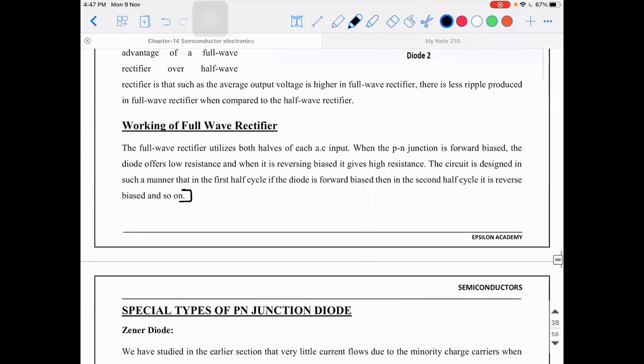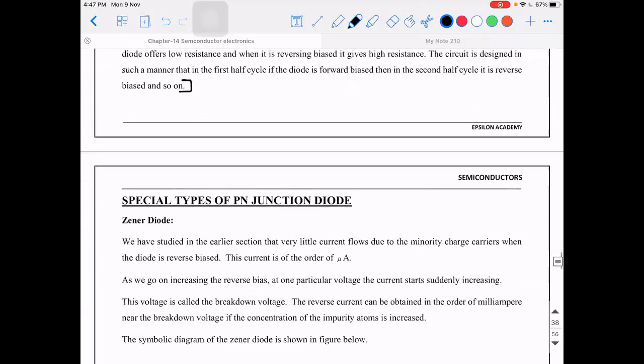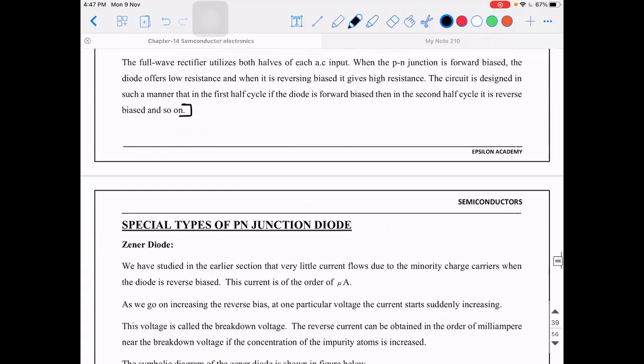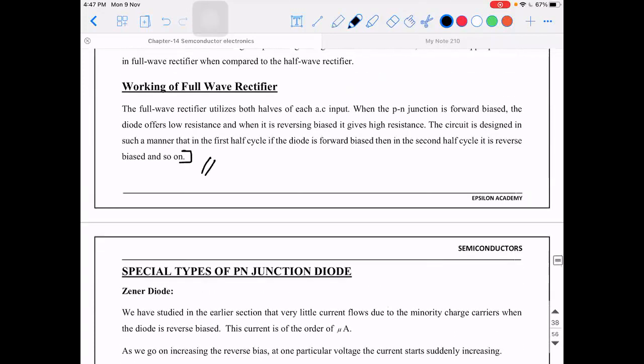With that, we are done according to this year's syllabus. Till last year, we had the Zener diode and special types of diodes also. This year, they have removed it. So you have only two more subtopics, a half wave rectifier and a full wave rectifier. With that, we are done. Next class, we'll complete it.